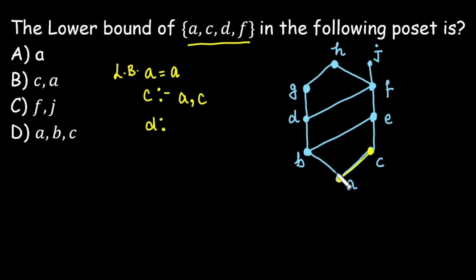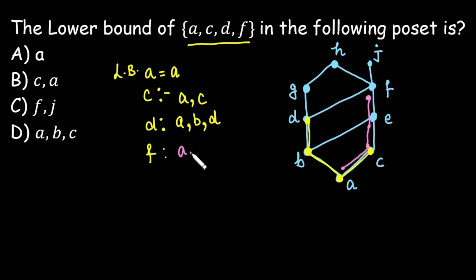For D: A, B, D. There is only one way to reach D from below and collect all those elements, that is A, B and D. For F, what are the ways to reach F? There are multiple ways. We can start from A to C, then C to E, E to F. Do not come back; we just need to move in the upward direction.